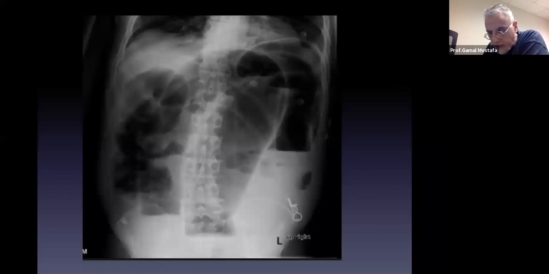Ogilvie's syndrome, colonic pseudo-obstruction, classically is an acute problem seen in a patient with acute physiologic issues, most commonly after a recent operation involving trauma, joint surgery, spine surgery, or a cardiac operation.